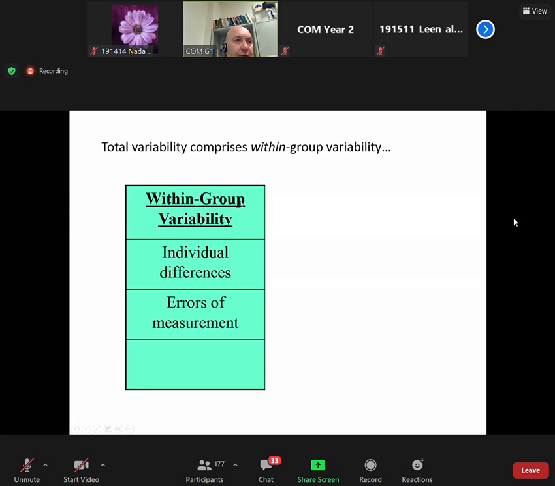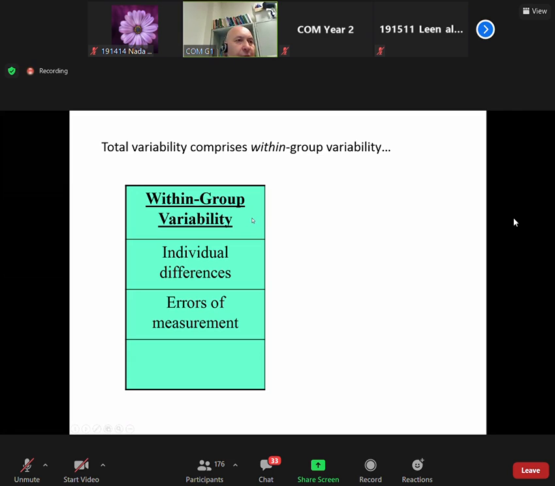So we're talking about within group variability. It's how the numbers within each of those groups differ from the group mean. There are going to be three group means if there are three groups. And within each group, we're looking at the data points and how they vary from the mean for each of those groups.